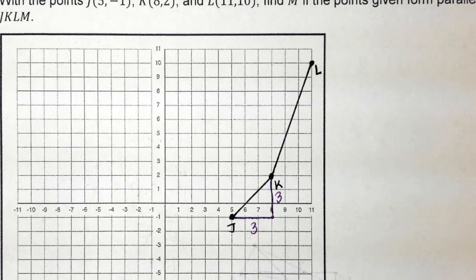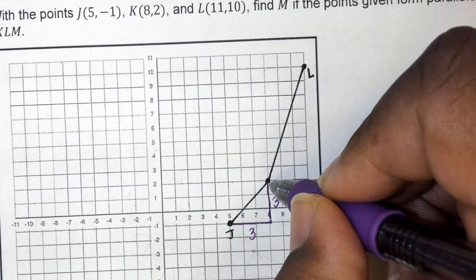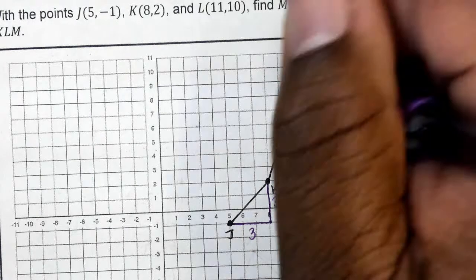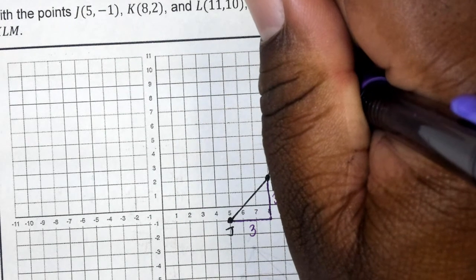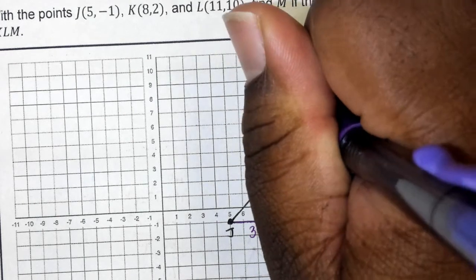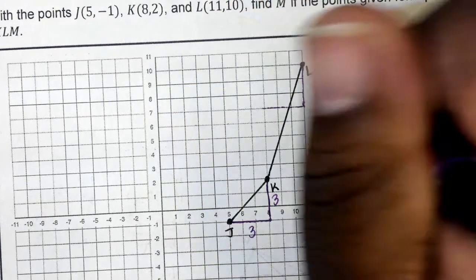I'm going to go up top and create that same triangle again. But when you go up top, you kind of got to draw it backwards, because point K is going to be similar to the point L up here. So I'm going to draw it coming down 3 from L, and then go back 3. Redrawing the triangle up here.